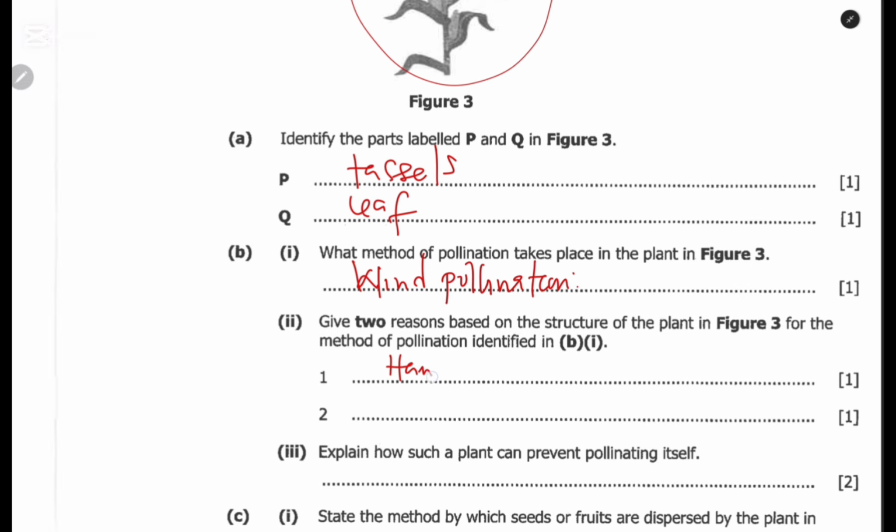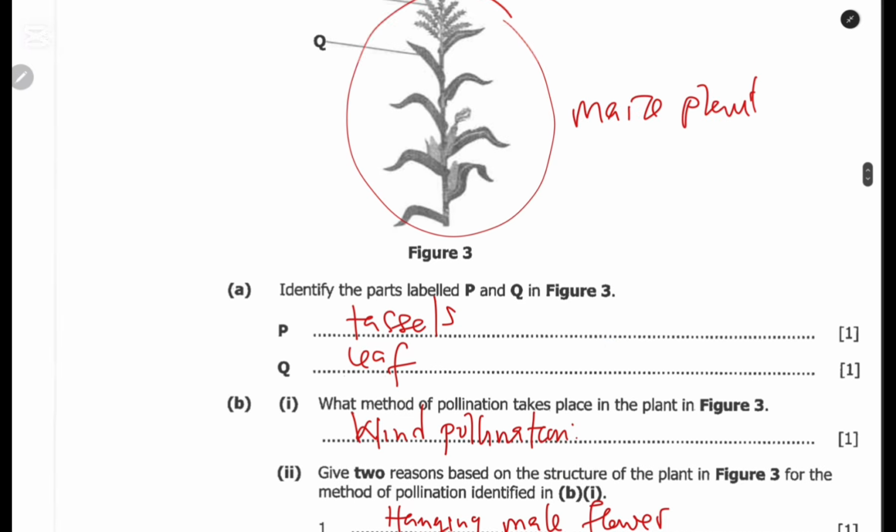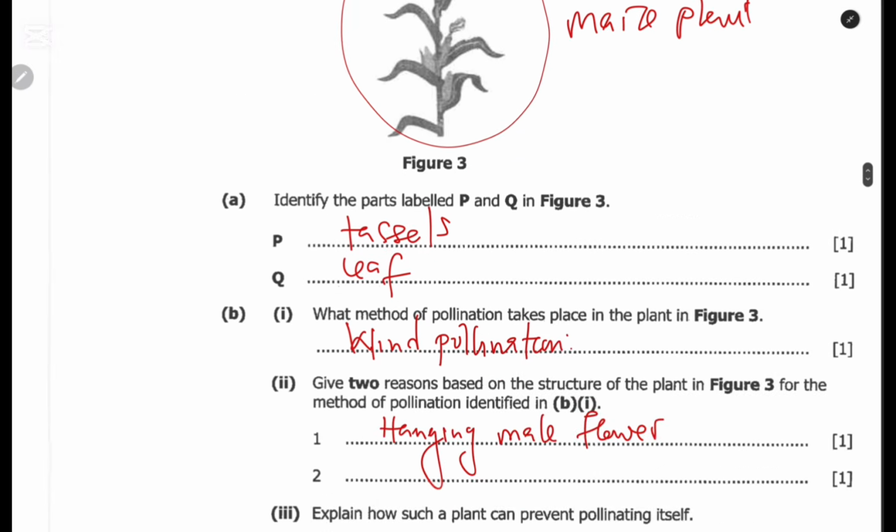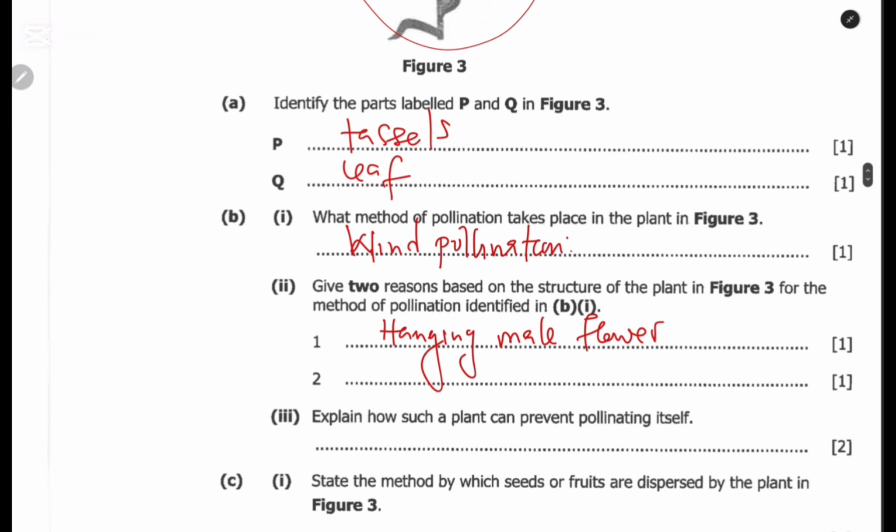So hanging male flowers. Okay, so the top part here is the flowering part. So hanging male flowers, and that makes it easily to pollinate by wind.